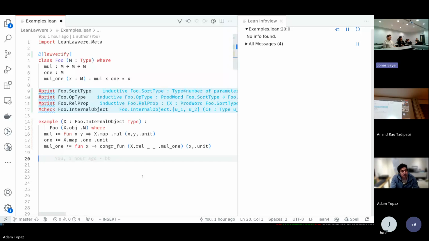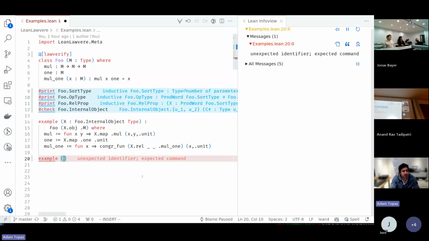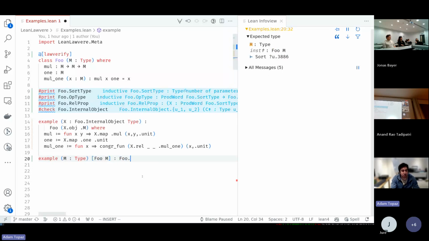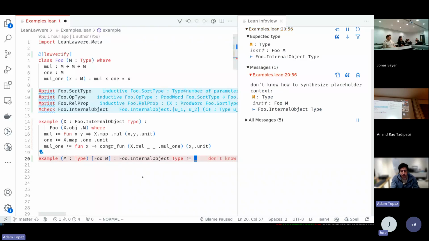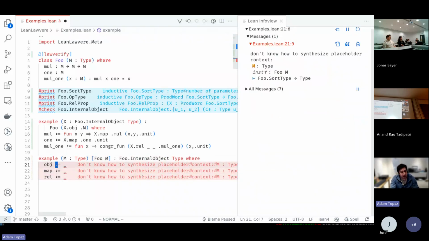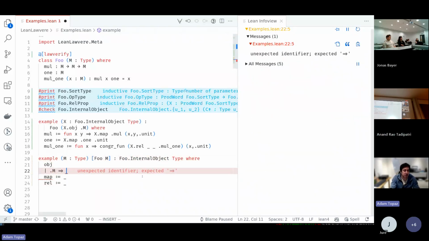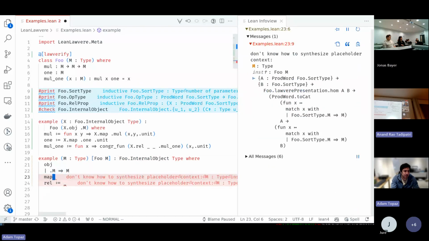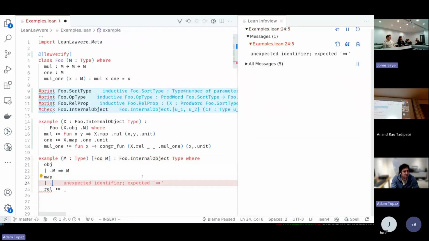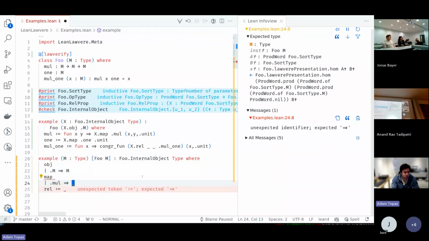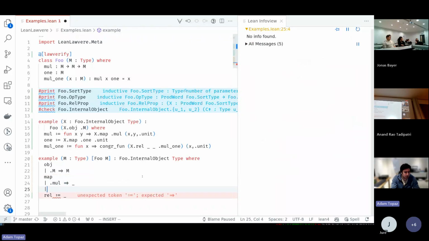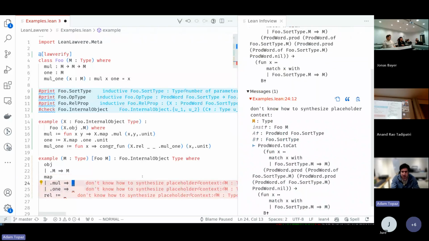Conversely, if I have a type M which has an instance of foo, then I can construct an internal object by sending M to M, mul somewhere, 1 somewhere. Let me see.